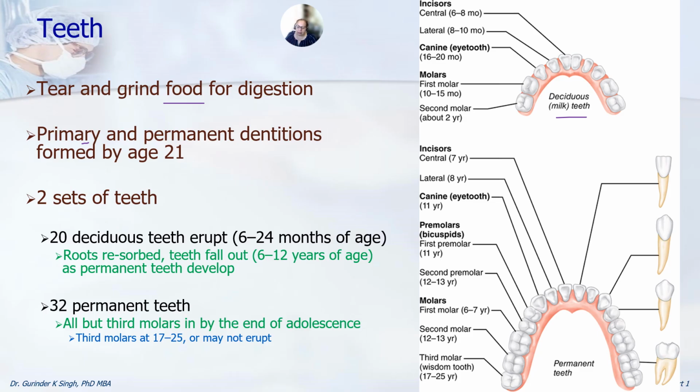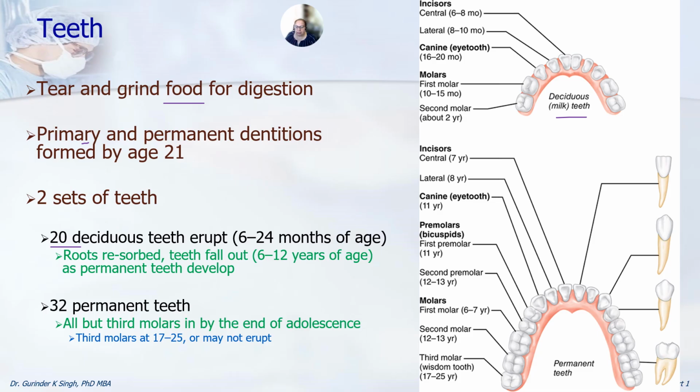The second is the permanent teeth, which we get somewhere after the age of 10 to 12. The deciduous teeth or milk teeth are 20 in number, and infants start having them around the age of 6. After the age of 6 to 12 years, your permanent teeth come in.